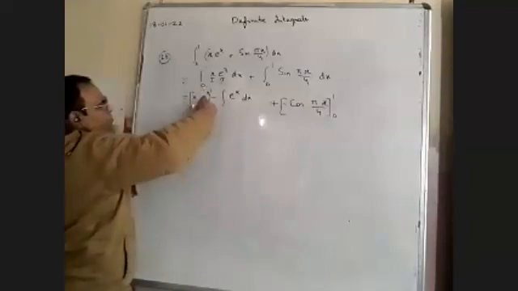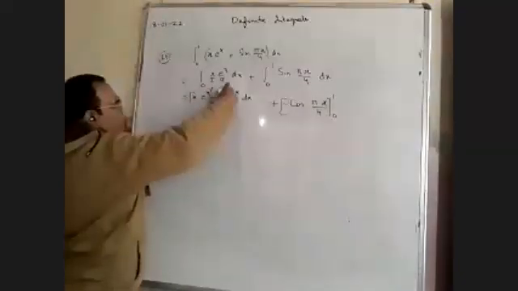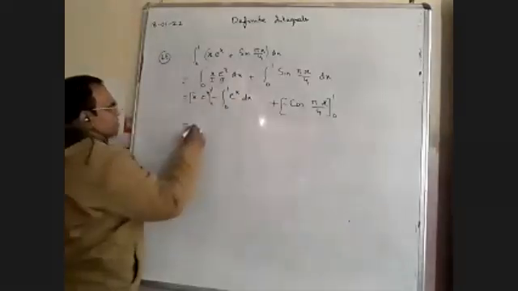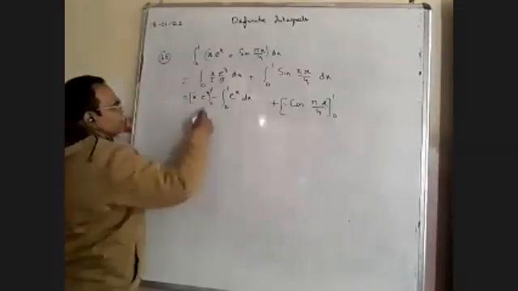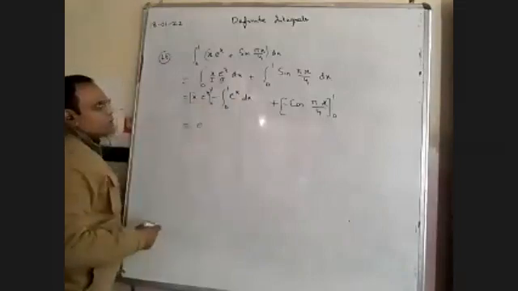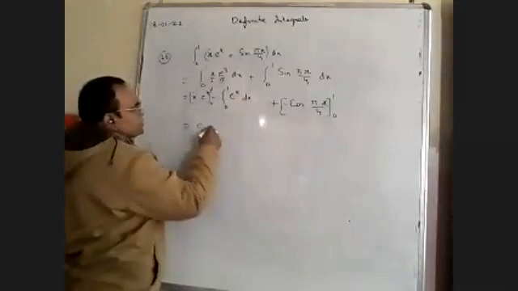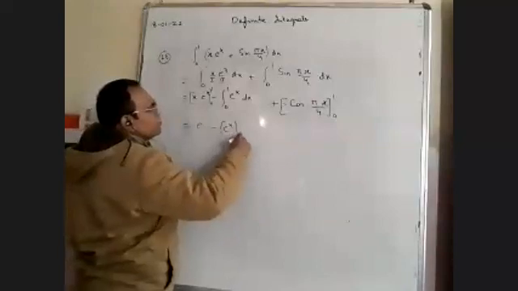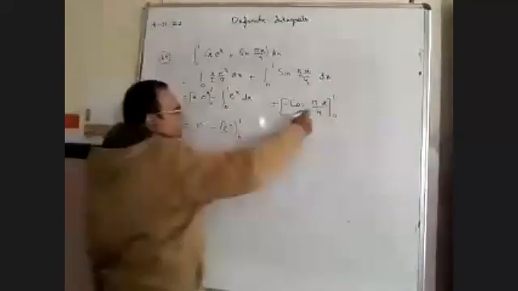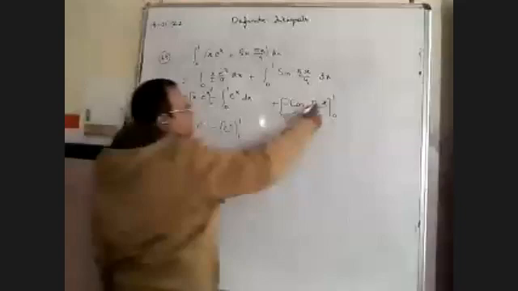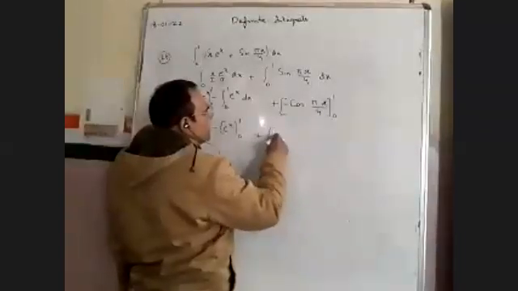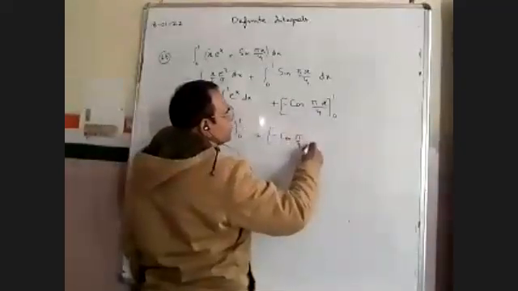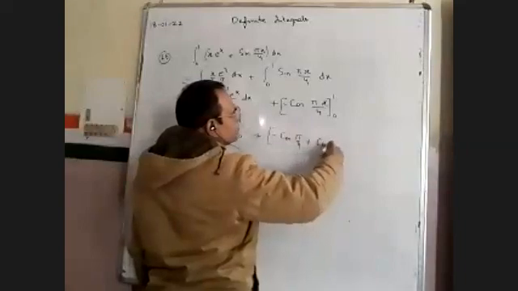Here we have taken 0 to 1. If you put the value of x is equal to 1, you get e only. If you put 0, then it becomes 0. Okay, integration of e to the power x is equal to e to the power x. You have to put again 0 and 1 here. And if you put here 1, you will get minus cos pi by 4 and minus, plus cos 0.